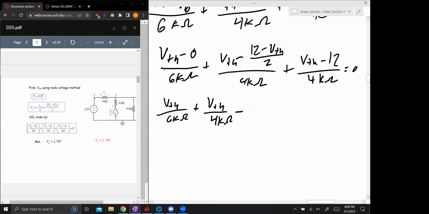Maybe. Minus 12 minus V Thevenin over 8 kilo ohms. If there's one thing I know I'm bad at, it's distributing negatives to the numerators on fractions.